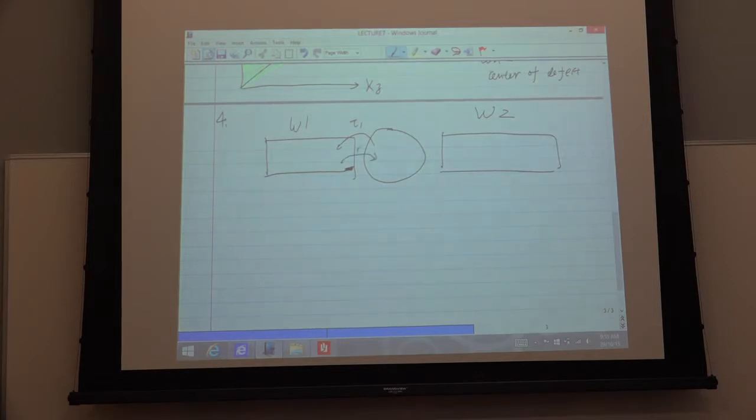It also has tau 2 and gamma 2. It has an outgoing wave as 1 plus, and an incoming wave as 1 minus. Similarly, it has an incoming wave as 2 plus and an outgoing wave as 2 minus. This is the full physical picture.